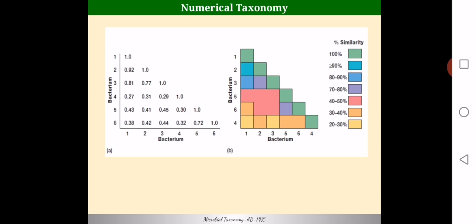In that way you can categorize. And the value for 3 to 3 is 1, because these two are identical, so there will be 100% similarity. The computer also uses certain color codes for comparing the similarity, so looking at the colors, you can say whether they are identical or non-identical.